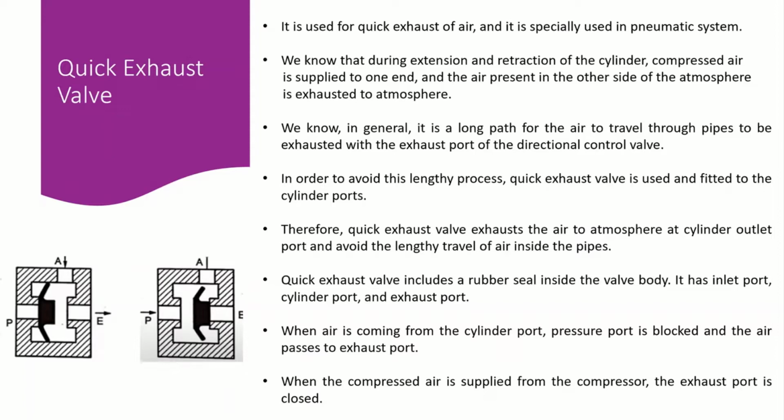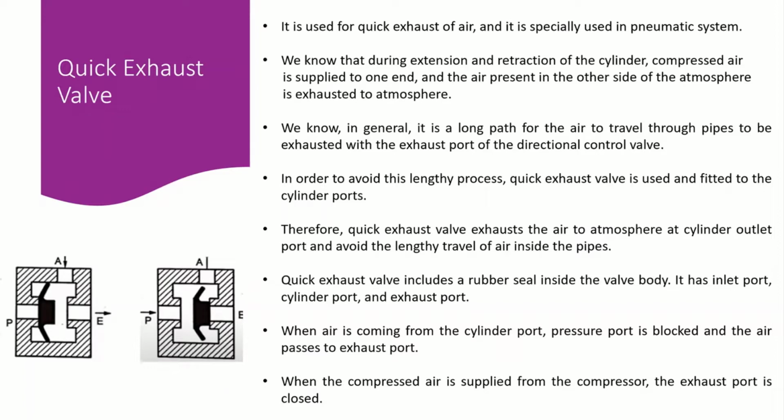We use it there to get a very quick exhaust of the air. So we can say a quick exhaust valve is used to exhaust air to the atmosphere at the cylinder outlet port, helping us avoid the lengthy travel of air inside the pipes.